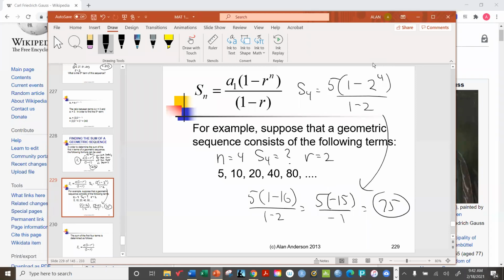The negatives cancel out, and we have 75. And of course, if you add them together, you'll see the same thing. It's 75. So that wasn't too painful, was it? No.